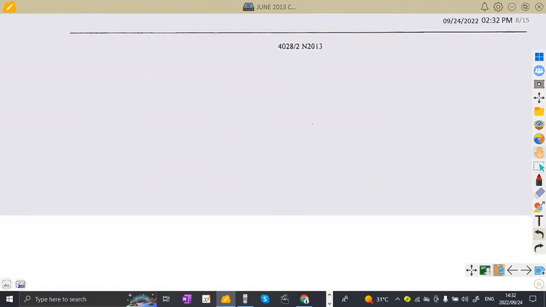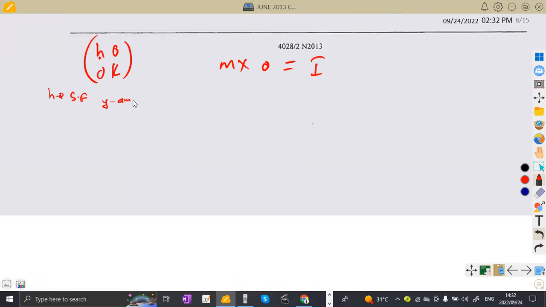Under any transformation, a matrix, when it is multiplied to the object, must give us the image. We are talking about a two-way stretch, where I told you the matrix for a two-way stretch is H, 0, 0, K like this. So I'm going to find the matrix, because if I have the matrix, I know that this H here is our stretch factor when the y-axis is invariant.